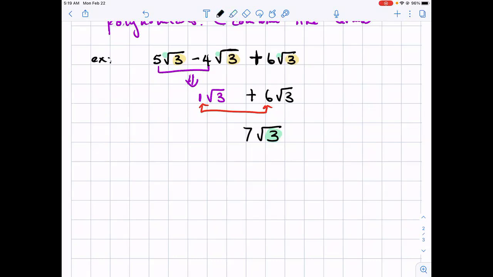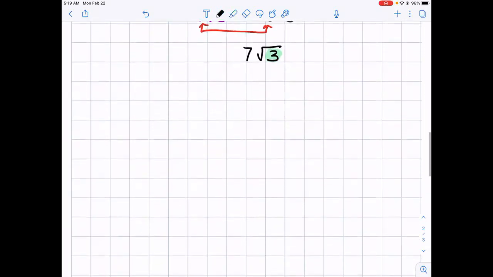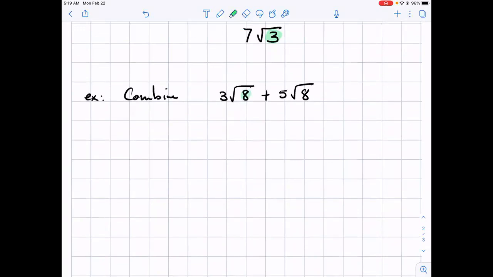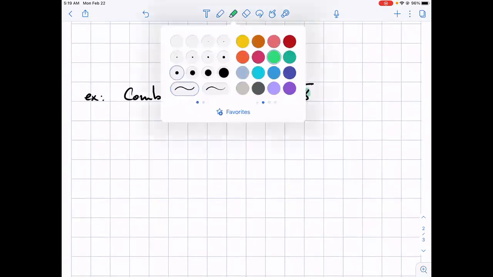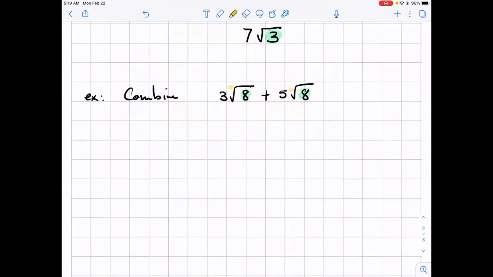If we look at another example, combine 3 radical 8 plus 5 radical 8. In this scenario, the radicands are the same, always check, and the index are also the same.